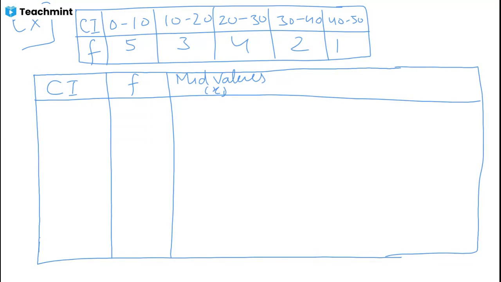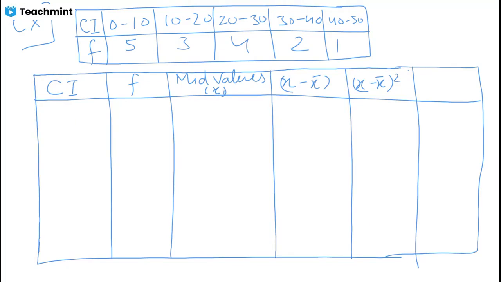And then we'll find x minus x bar, and after that we'll find x minus x bar whole square, and then we'll find f into x minus x bar whole square.